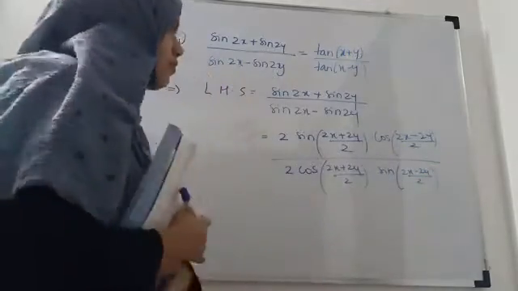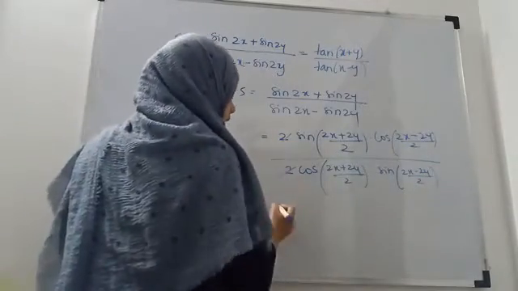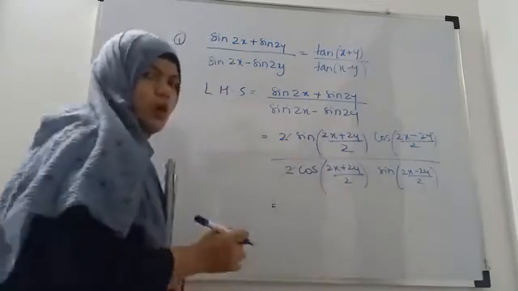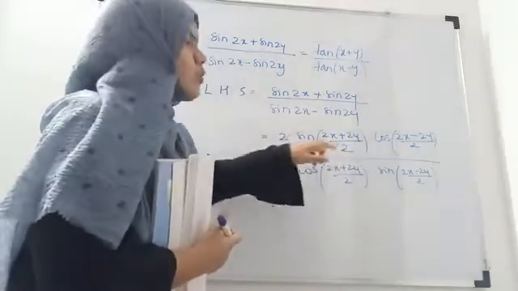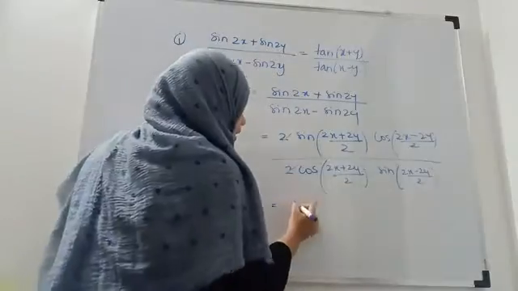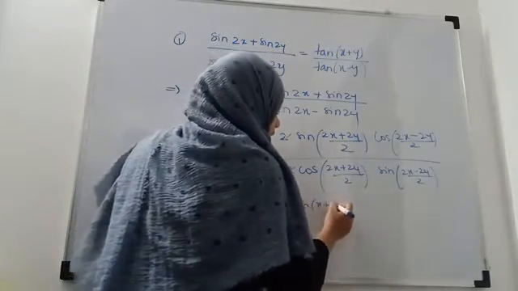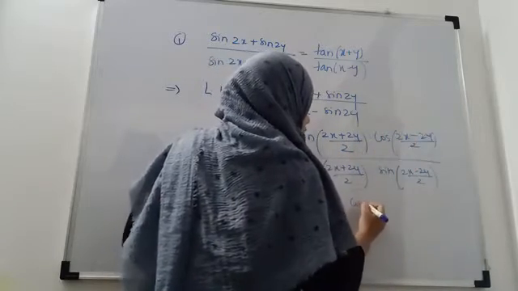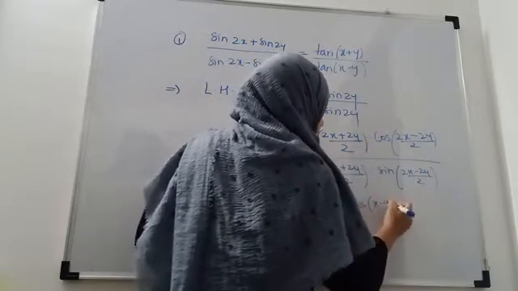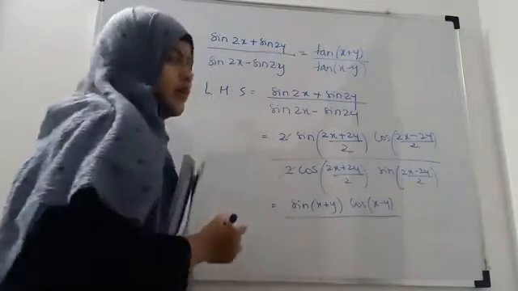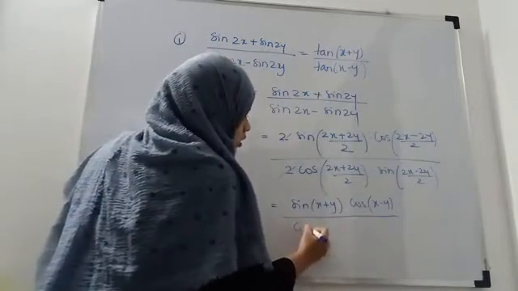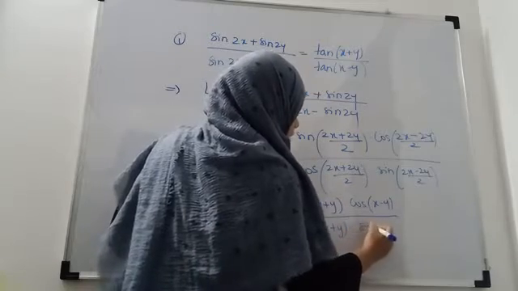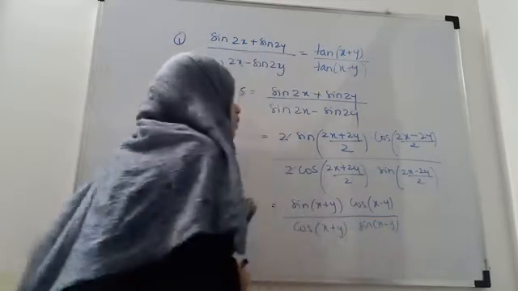Okay, so here the 2 and 2 will get cancelled. In 2x plus 2y, if you take 2 common, that 2 and this 2 will get cancelled. You are left with sin of x plus y into cos of x minus y, divided by cos of x plus y into sin of x minus y.